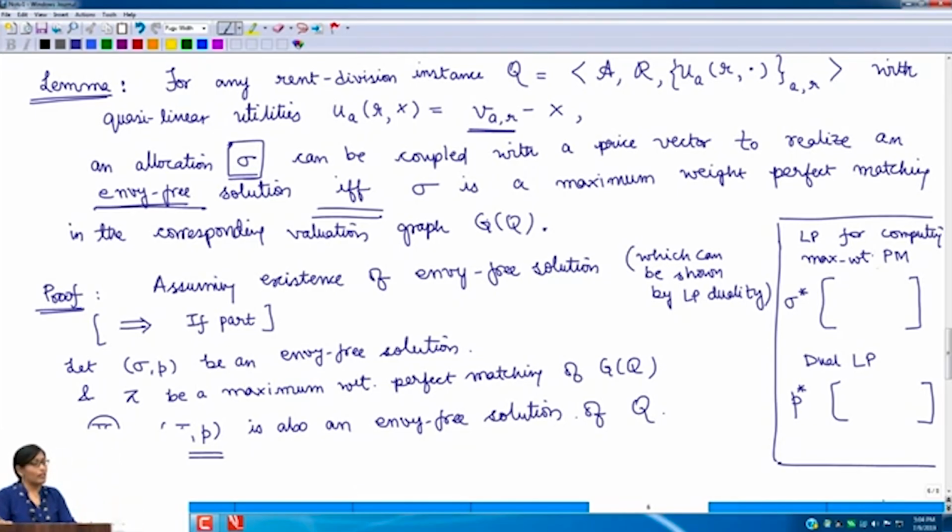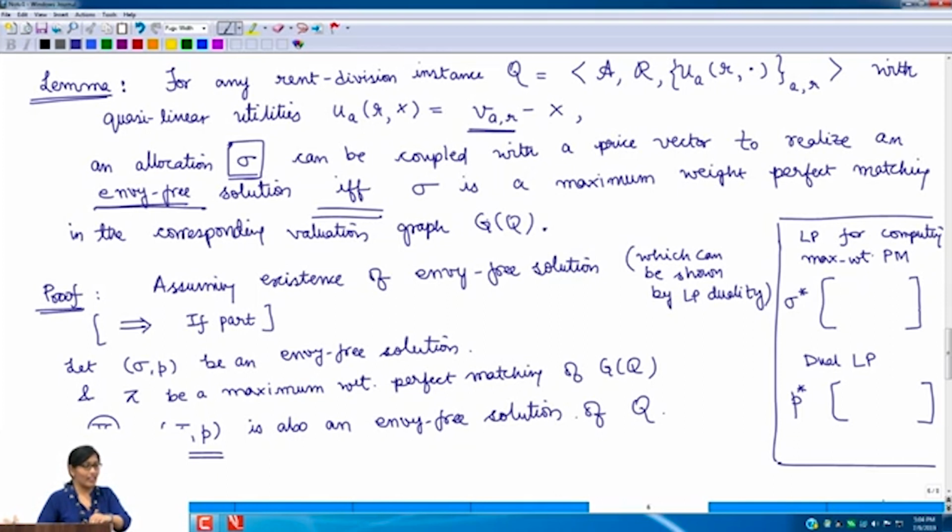You just solve the LP, it gives you the solution there. So this is a lemma which is telling you about a characterization of these solutions, and existence can come from LP duality.